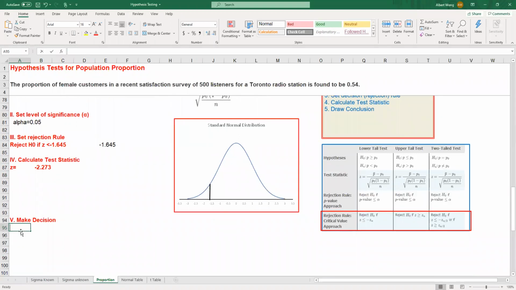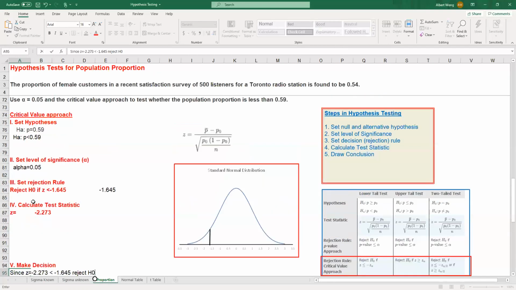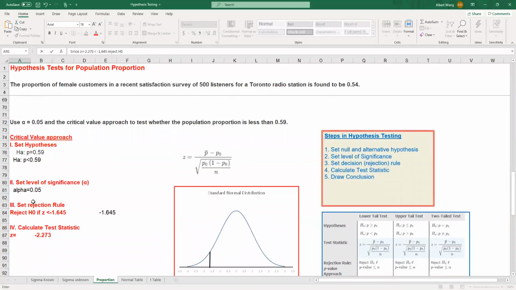So we say since Z is equal to negative 2.273, which is less than negative 1.645, we reject H0. And reject H0 means that we have sufficient evidence to conclude that the proportion is actually less than 0.59.